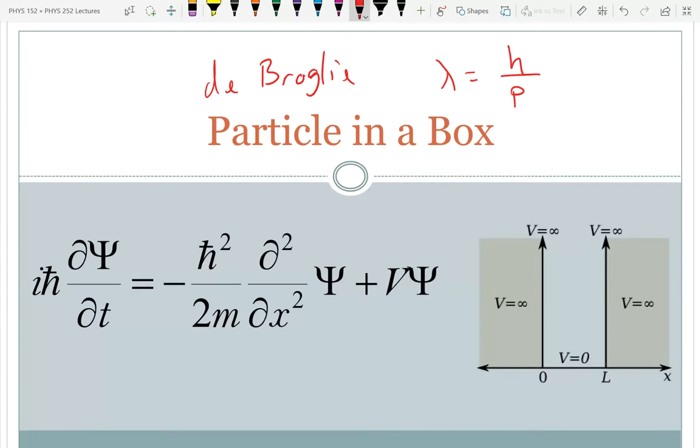Erwin Schrödinger read this, gave a talk about it, and after giving the talk, I can't remember who it was, but somebody said, oh yeah, if that's so, then, what he says, we should be able to treat particles as waves. And the person said, well, if that's so, shouldn't there be a wave equation to describe the particle?